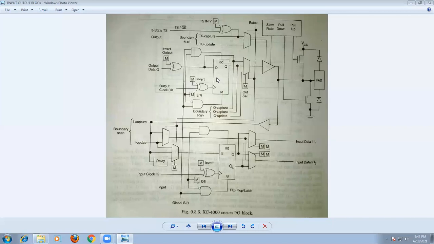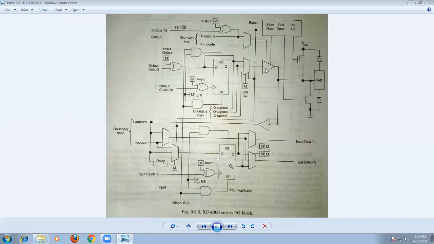So either the direct signal or the output of the flip-flop is passed to the buffer stage through the multiplexer, depending upon the output selection line. We can select whether it is the stored signal or the direct signal. That is the main thing in this case.